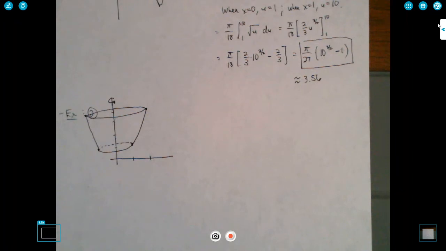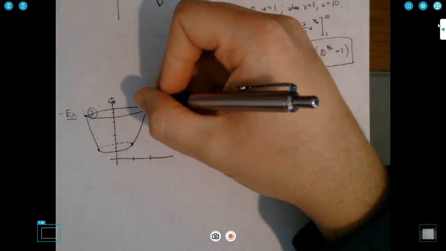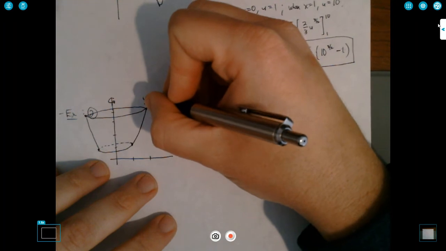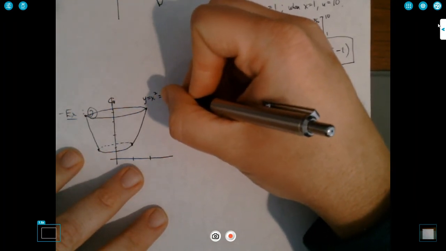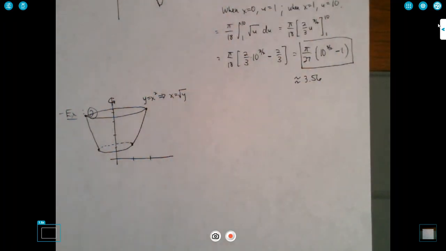Okay, so now because we're revolving around the y-axis, I think I'm going to have to take everything and solve it for x, right? So in other words, this was the curve y equals x squared. Well, that implies that x equals the square root of y, right?